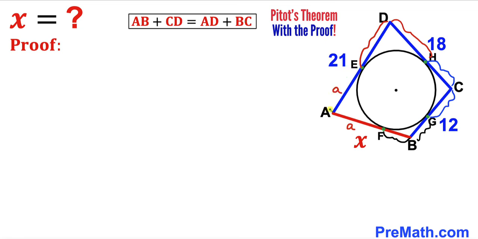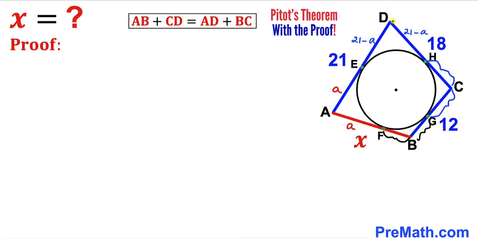Now let's make an observation. We can see this whole side length is 21, and this side length AE is lowercase a. Therefore, this ED length is going to be 21 minus a. If this side length is 21 minus a, then this side length is going to be 21 minus a as well.